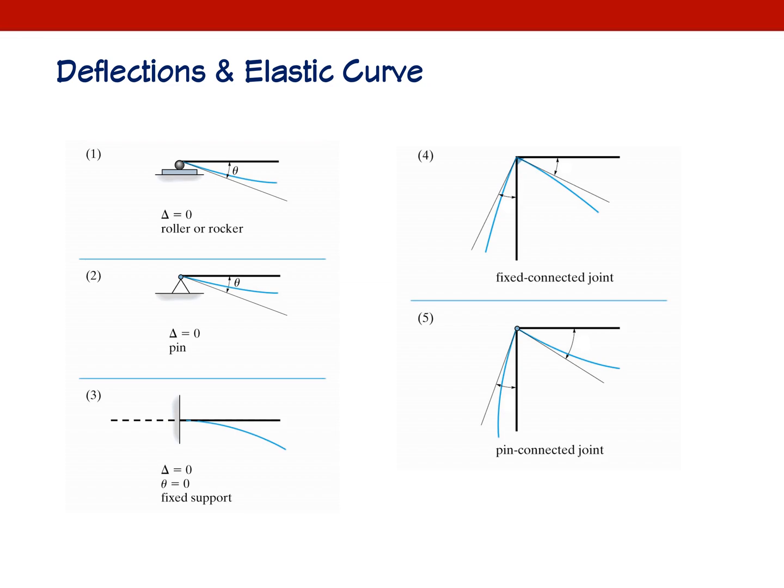Okay, let's look at support conditions and the associated deflected shape. If it's a roller, then slope will occur, even though deflection may not occur there unless you have settlement of foundation, but you are going to have a deflection angle there. A pin, the same. We have a deflection angle, even though we do not have deflection there.